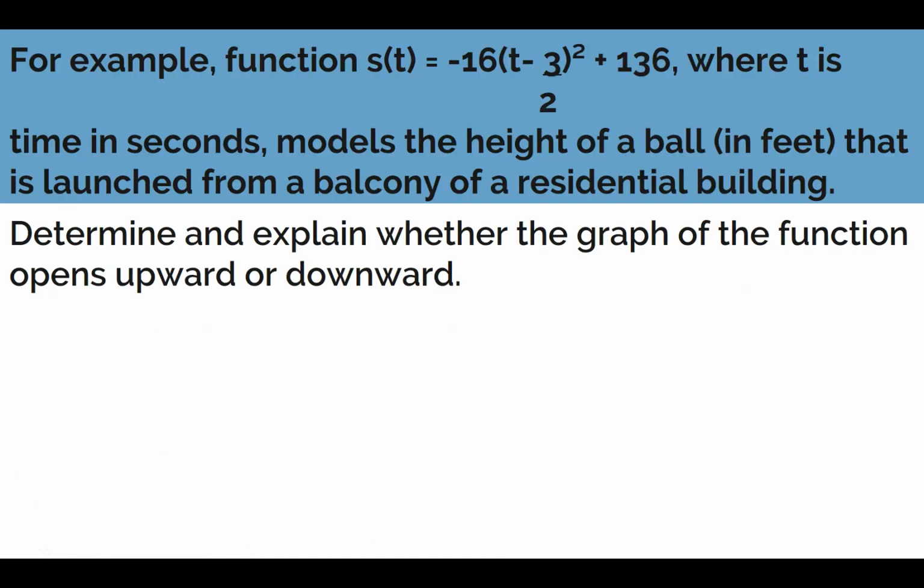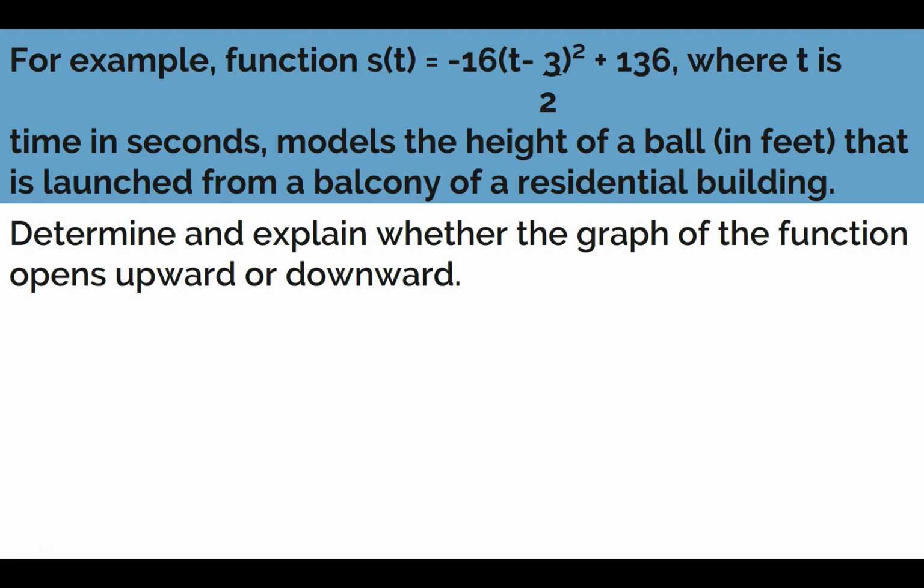We have a function. It's about a ball that's being thrown off of a balcony of a building. The function given to us is s of t equals negative 16 (t minus 3/2) squared plus 136.